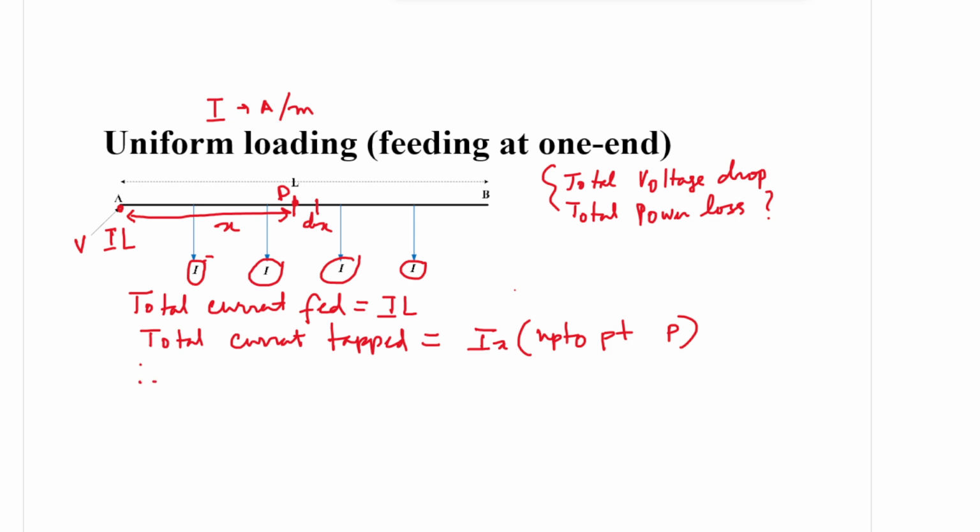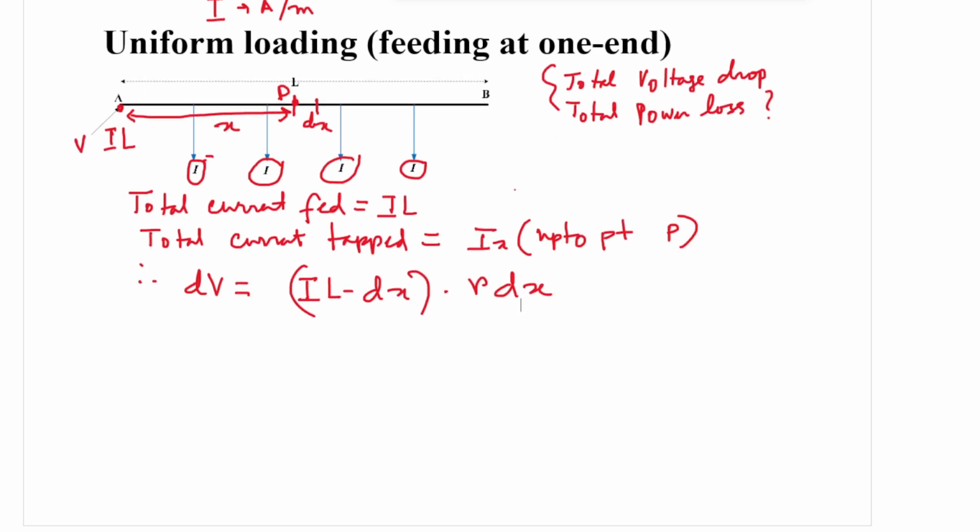Therefore the voltage drop in the section dx will be equal to (IL minus Ix), that is the current, into R into dx. That will be the expression.